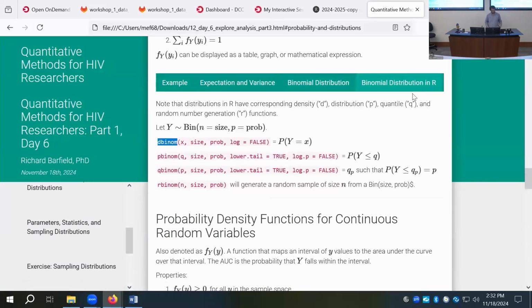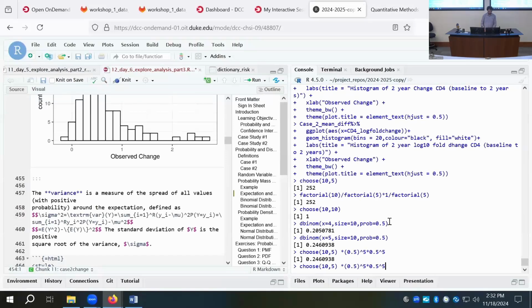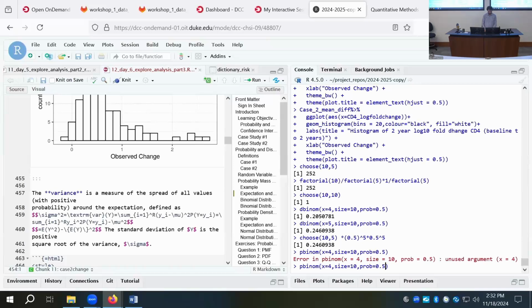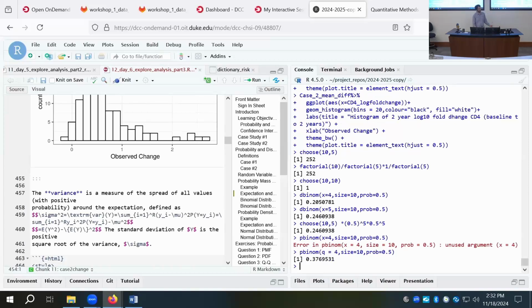pbinom will give you the probability of observing less than or equal to the value that you give it. So if we went back here and said pbinom 4, it's giving us the probability of observing 4 or less. So we could recalculate this.